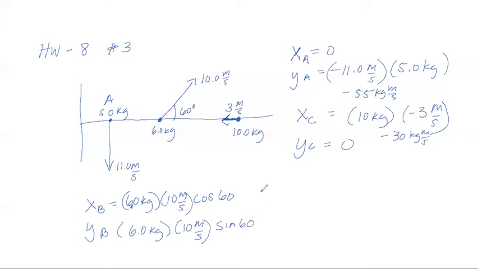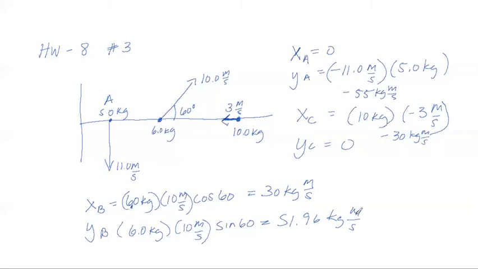Let me get out my handy dandy calculator. 6 times 10 times cos 60 is 30 kg meters per second. And 6 times 10 times sine 60 is going to be 51.96 kg meters per second.